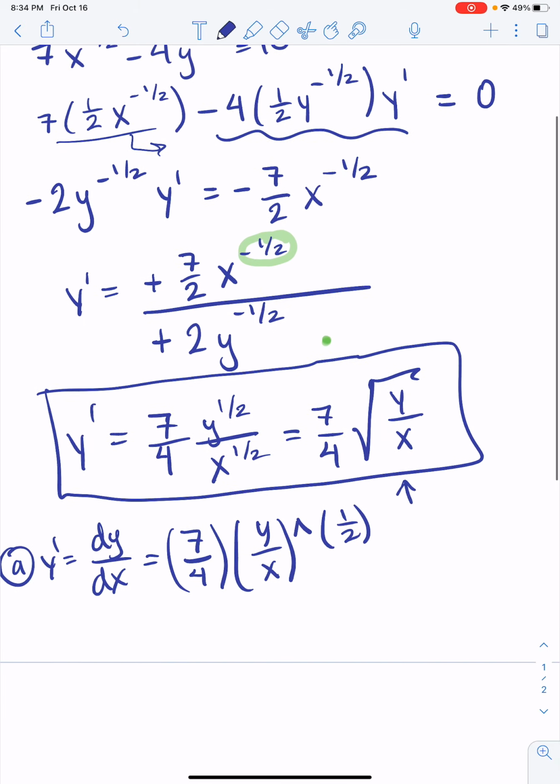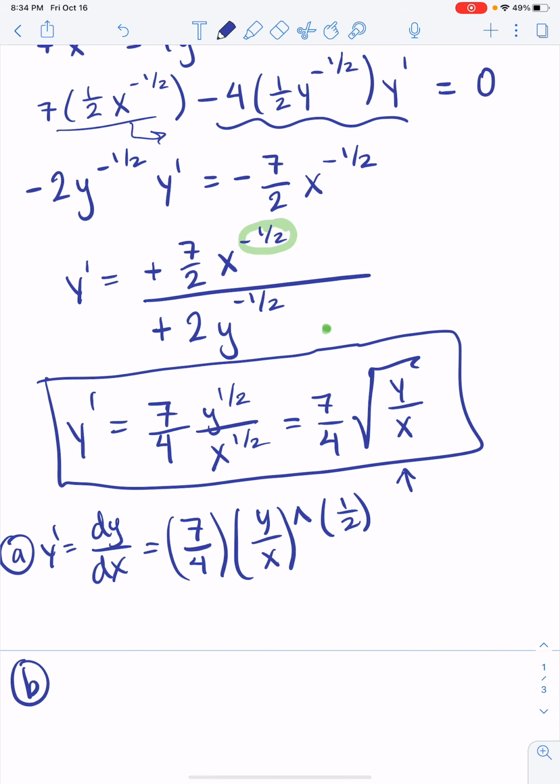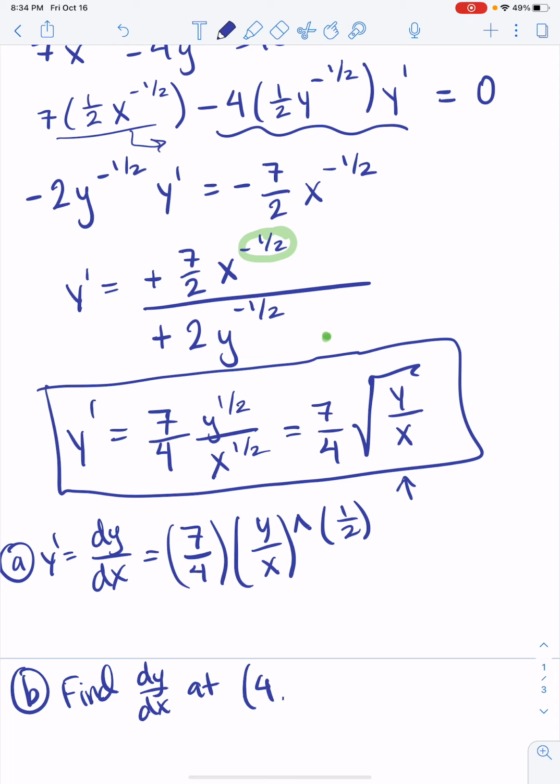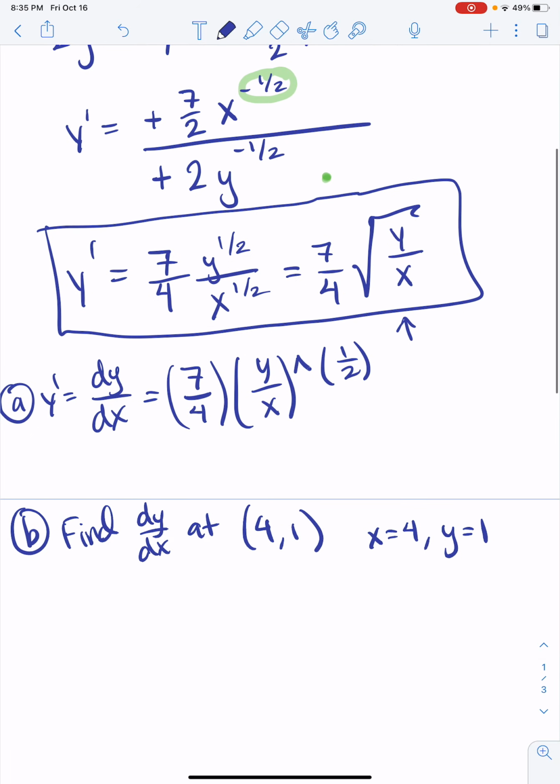Now for B, we need to find dy dx at 4, 1. So that means x equals 4, y equals 1. We're just plugging them in.